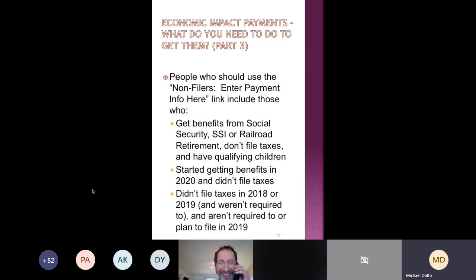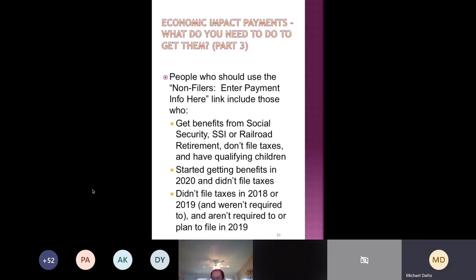But they have qualifying children and they want to get the extra $500 for each qualifying child. They'd go to the non-filers link to enter information about their qualifying children in particular, so they can get that extra $500 per qualifying child.